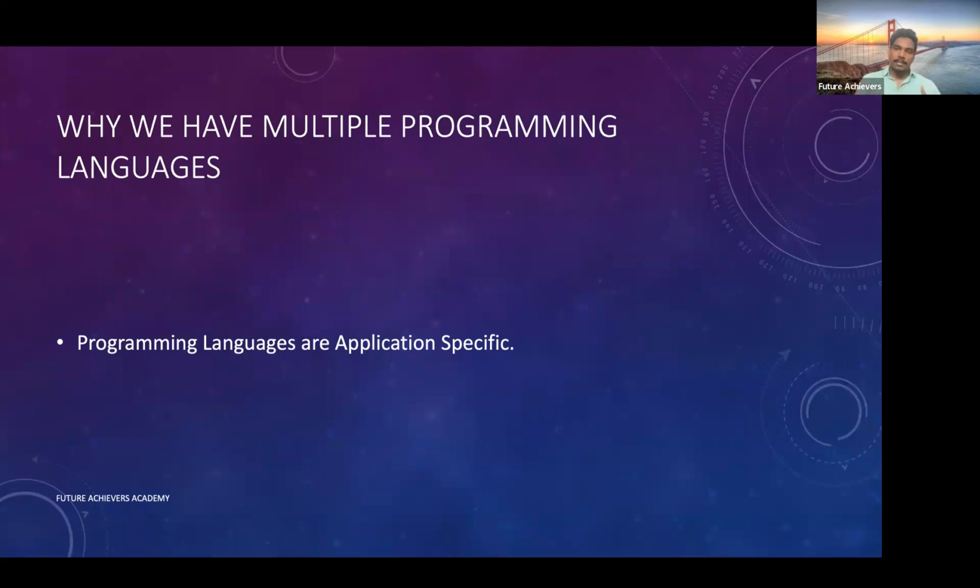And C++ is just a superset of C. It's also used for systems programming. Most of the Microsoft products, like Word and PowerPoint, are implemented in C++. Java is used for web applications, so most web applications are implemented in Java.